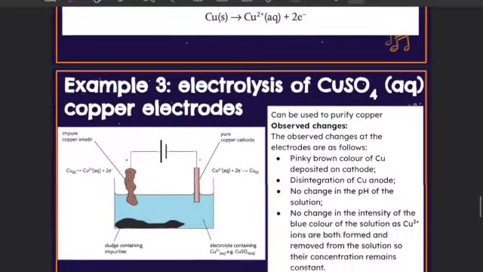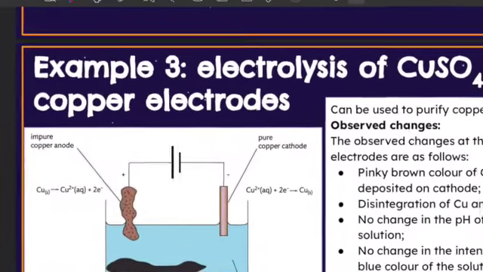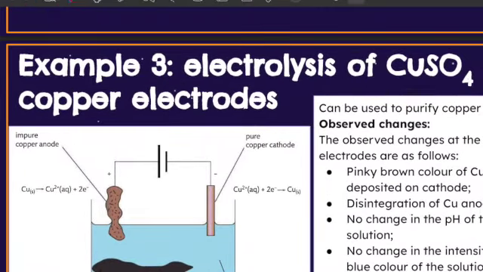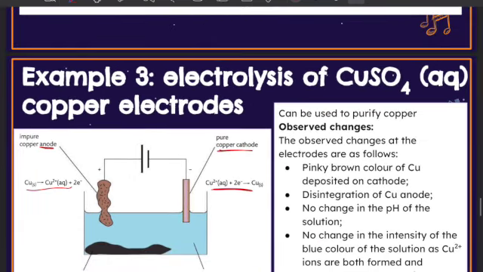So what will that look like? Well, it'll look something like this. At the anode, I'll get the oxidation of copper. At the cathode, I will get the reduction of copper. This can actually be used to purify copper. And so here I have copper solid. Some of the copper ions are leaving, and this helps get rid of some impurities.